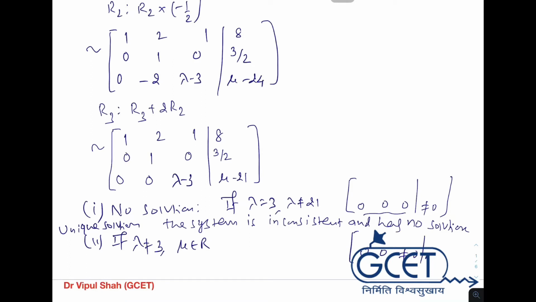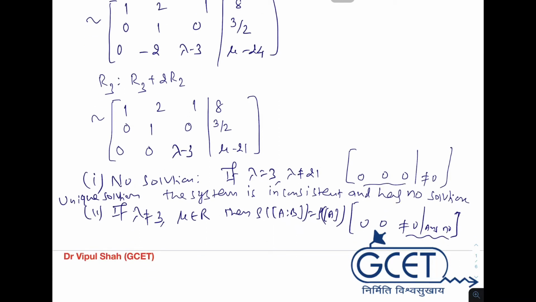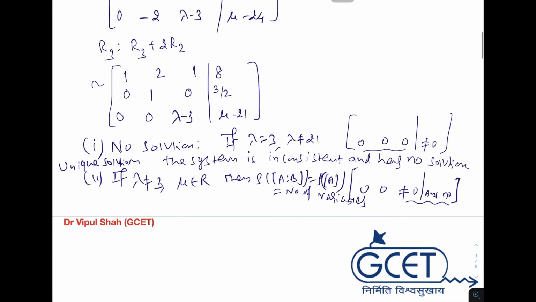So no problem. So we are having a unique solution, because then rank of AB equal to rank of A, and that is equal to the number of unknowns, number of variables. So the system has a unique solution.